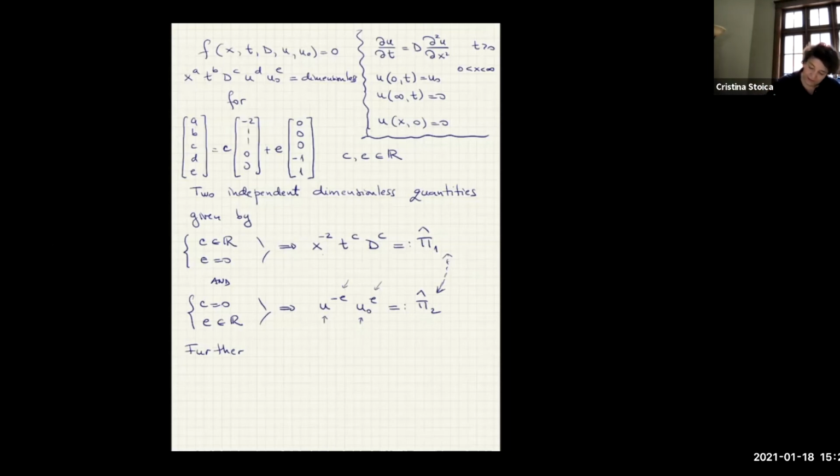Now further, let's choose C to be minus a half and E to be minus 1.